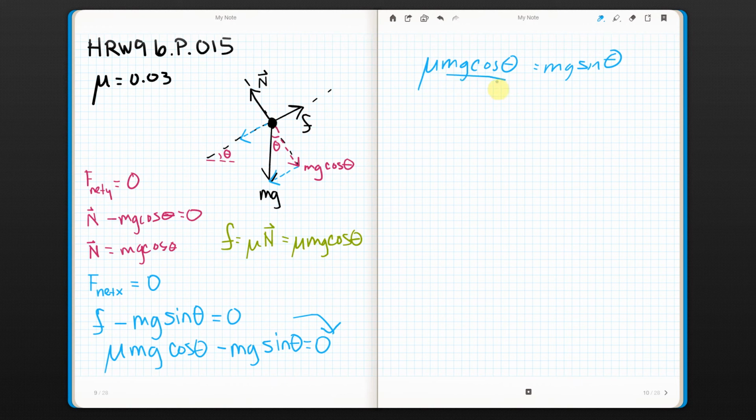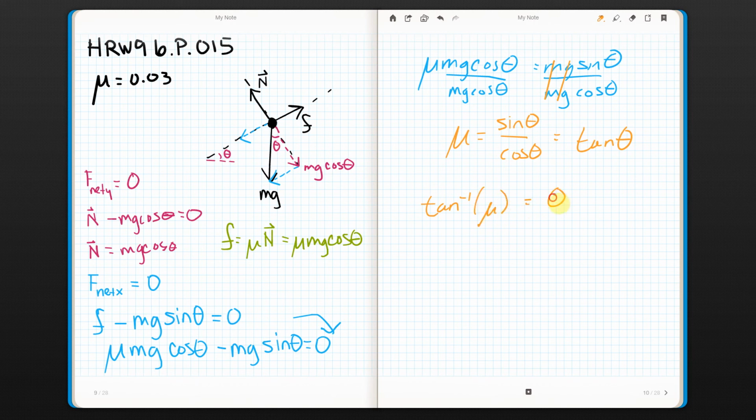If I divide by mg cosine theta, looky, I got rid of m and g. It's gone. So now I have mu equals sine theta over cosine theta, which is the same as tangent theta. Okay, so if I take the inverse tangent of both sides, I'll get the angle all by itself, which is what I want, the smallest angle.